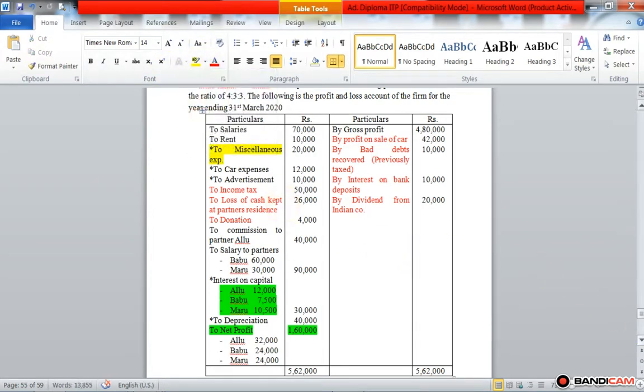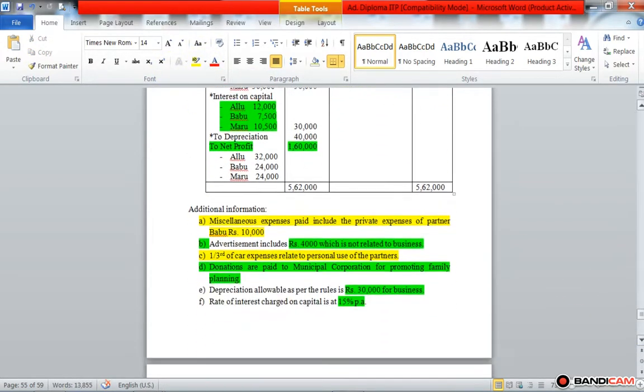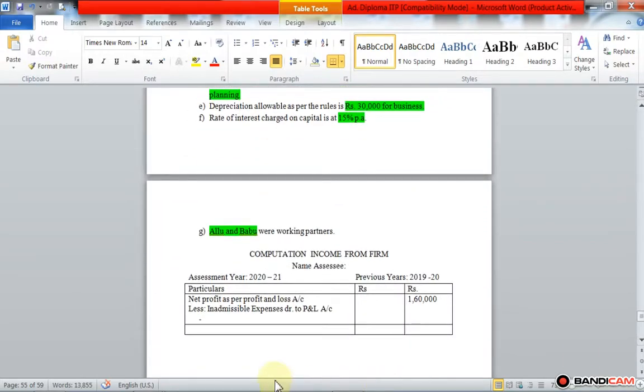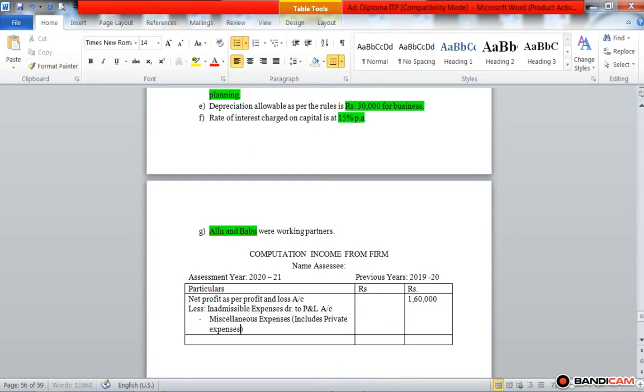Miscellaneous expenses include private expenses of partner Babu.